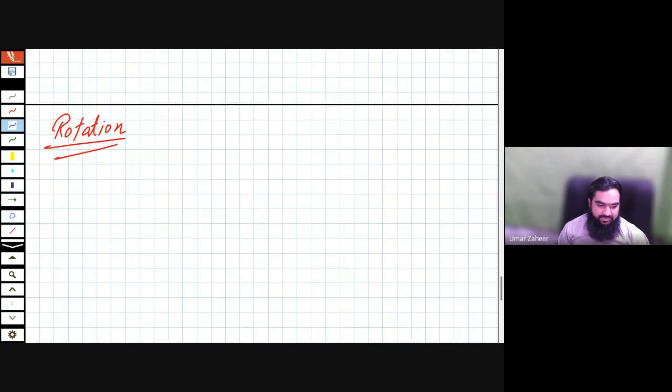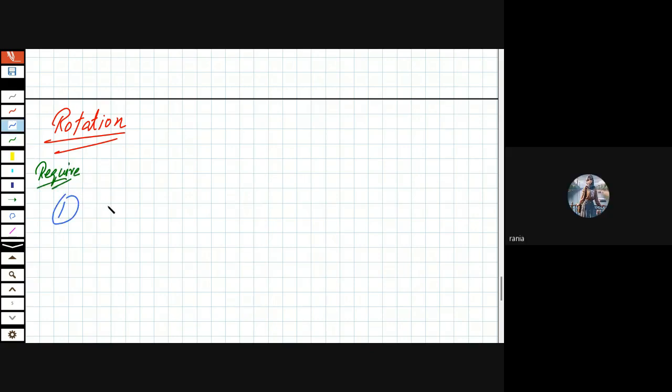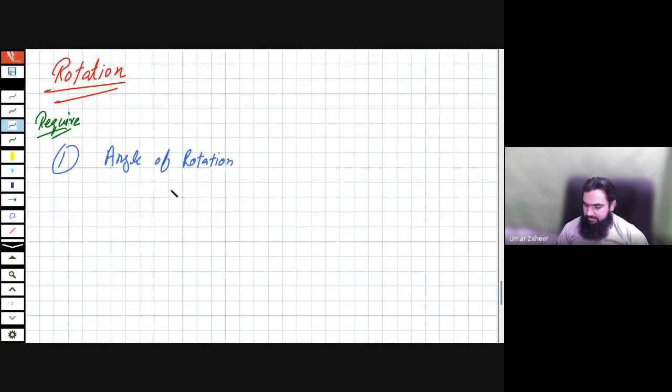I just told you what the requirements are. What are the required things? The angle first: 90, 180, or 270. The first thing you have to have is the angle of rotation. The angle will be the rotation that we will do, that is 90 degrees, 180 degrees, 270 degrees.